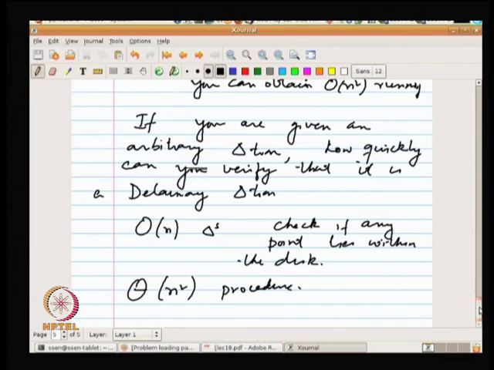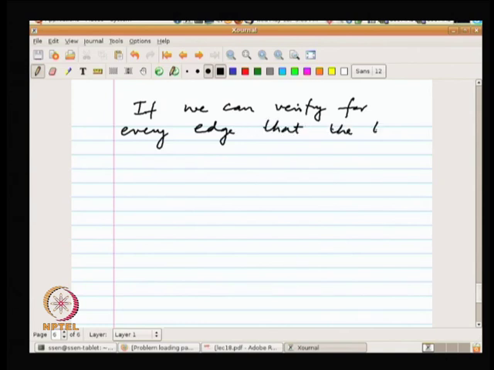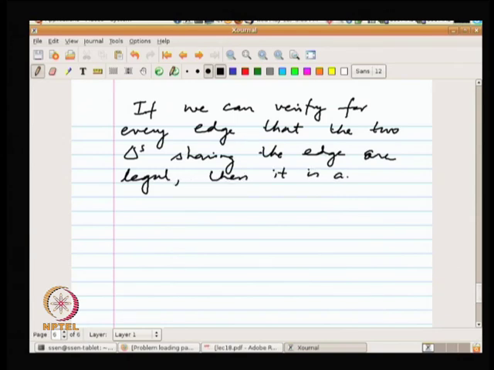But there is a very nice property that says the following: if we can verify for every edge that the two triangles sharing the edge are legal, then it is a Delaunay triangulation, right?